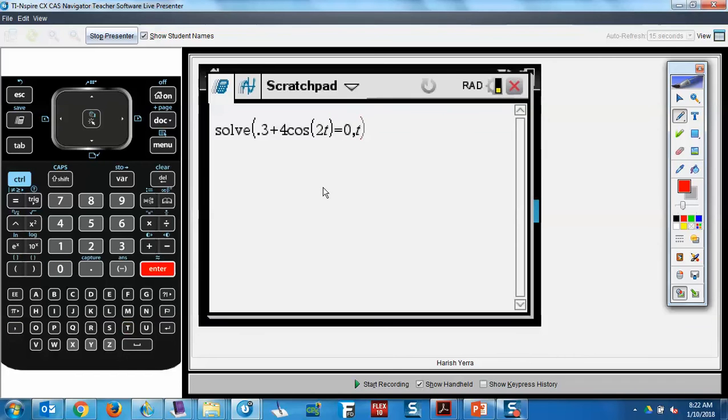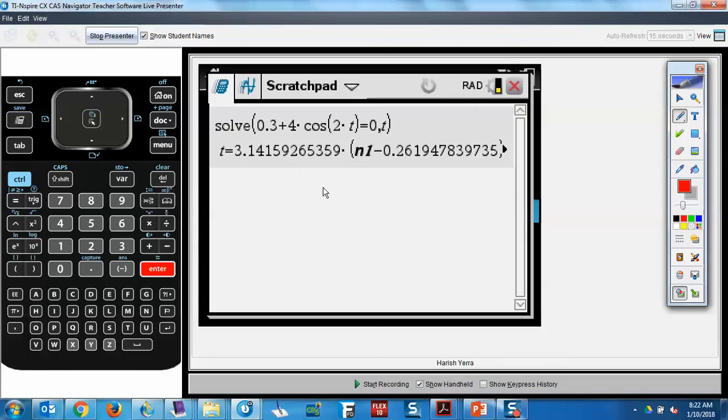Now go ahead and hit enter. That's what you're talking about. Yeah, that's better. Okay. But whenever you see that N1 in there, that's a problem, right? We can't just ignore that, because when we have a cosine or a sine and we do a solve, there are multiple solutions. Where are we supposed to be looking here? Between where?